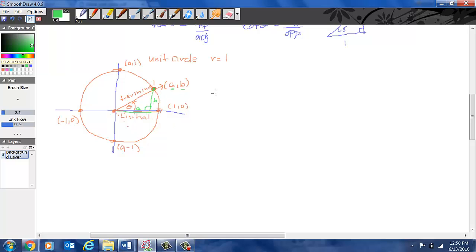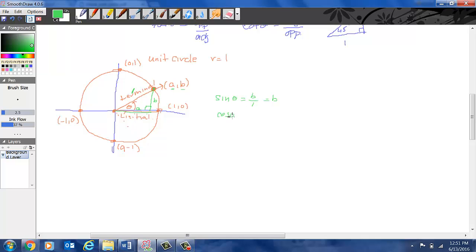Now if I want to look at sine of theta, it would be opposite, which is b, over the hypotenuse, which we know, since this is a unit circle, is 1. So sine theta is equal to b.